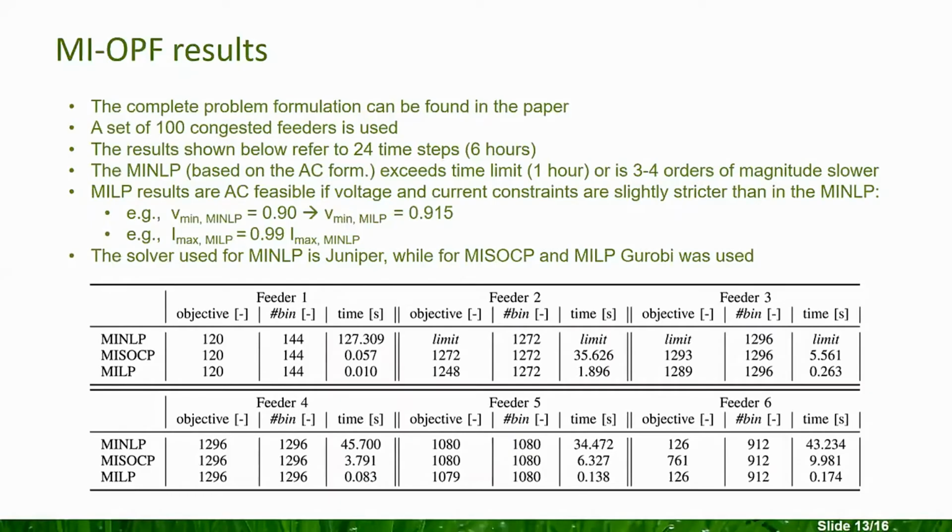Interestingly, the mixed integer linear case returns AC feasible solutions if the limits on the voltage and the current are a bit tighter than in the original AC problem, while the second order cone mixed integer problem does not in general return AC feasible solutions. The solver used for the MINLP problem is Juniper, while for the other two cases, Gurobi proved to be the most efficient.